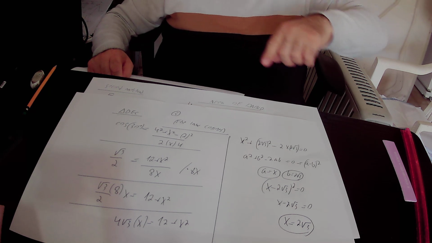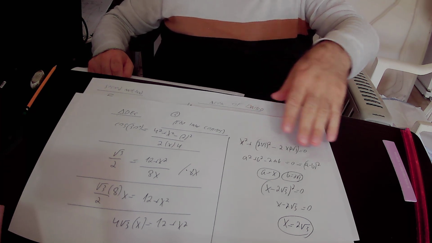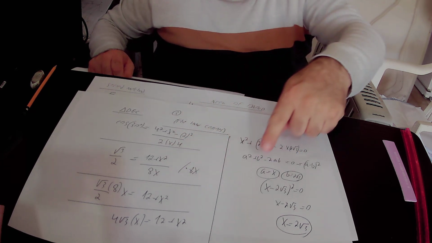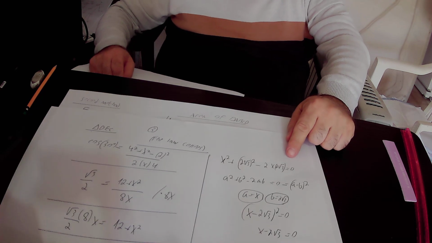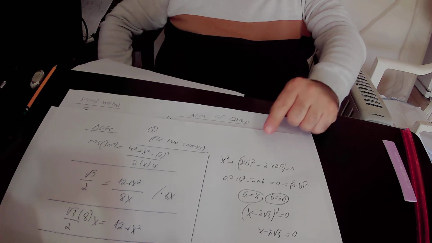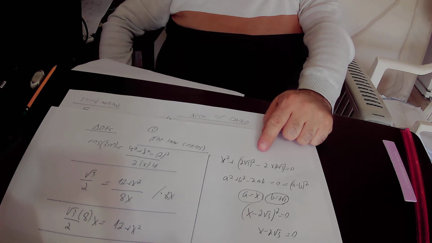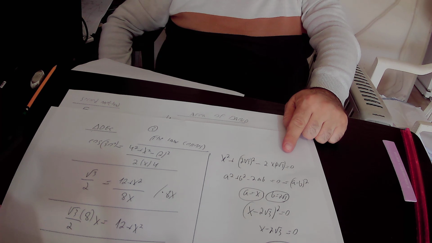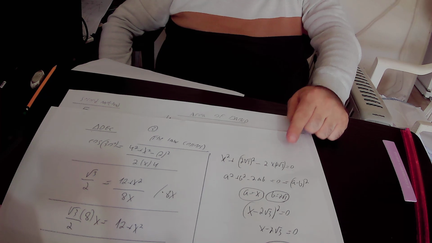We can present this expression as x squared plus 2 times square root of 3 squared, because 12 is 2 times square root of 3 squared, minus 2 times x times 2 times square root of 3, that is actually the expression 4 times square root of 3 times x.